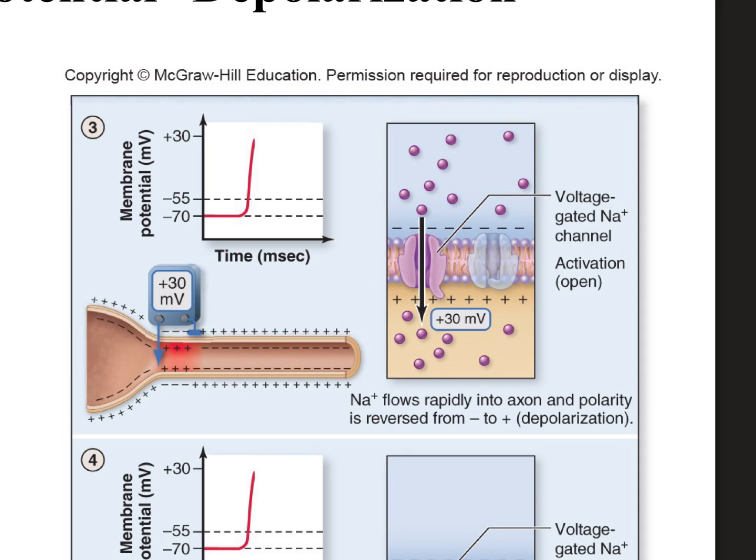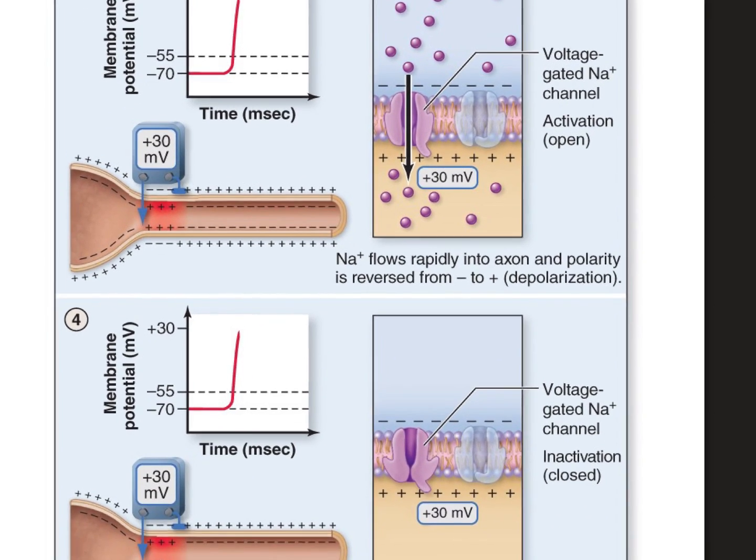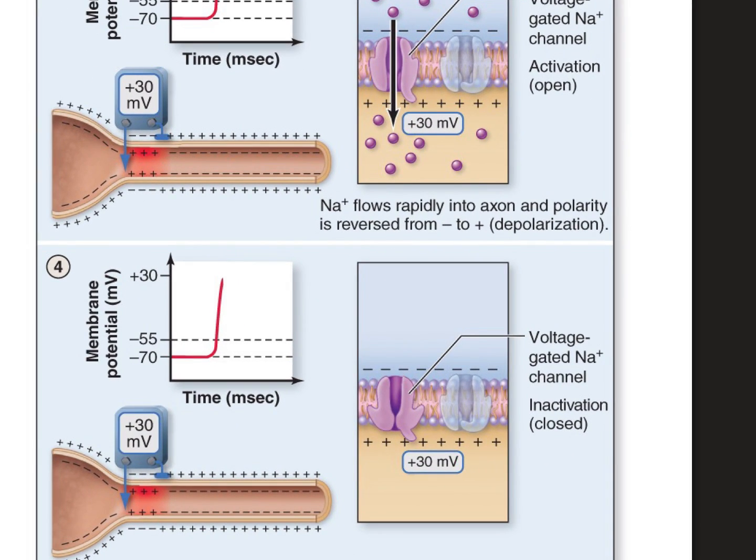Because that voltage closes the sodium channels, right? We hit one of those gates. We hit the inactivation gate, it closes, and then it resets back to resting. So it closes, awesome. That's the end of depolarization.